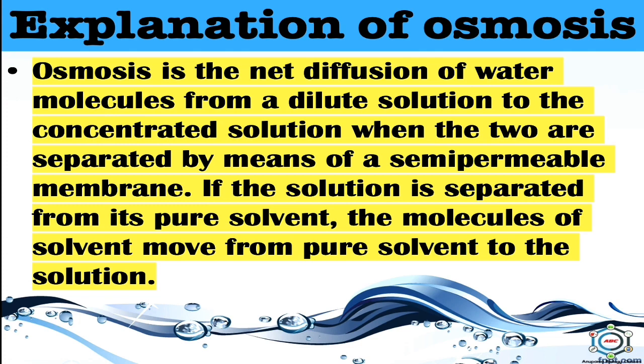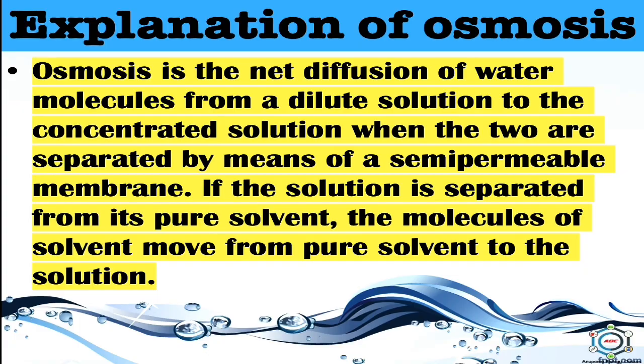If the solution is separated from its pure solvent, the molecules of solvent move from pure solvent to the solution. So, when two solutions having different osmotic concentrations are separated by a semi-permeable membrane, the molecules of water, that means solvent, move from the region of its higher chemical potential to the region of its lower chemical potential.